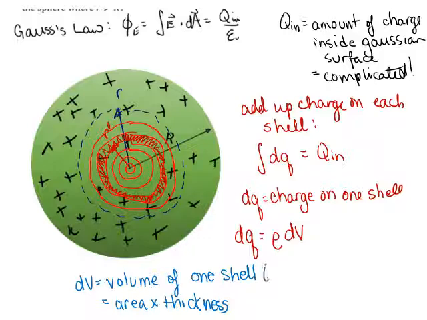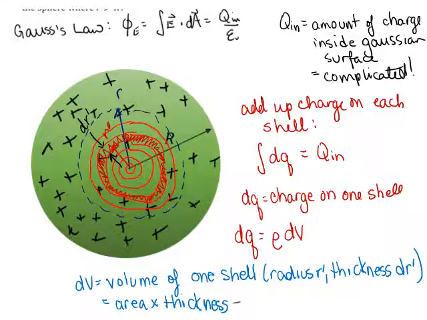So my shell has radius r primed, and the thickness, from here to here, is a little bit of r primed, so dr primed. So for my area times thickness, I'm going to get 4 pi times r primed squared times dr primed.